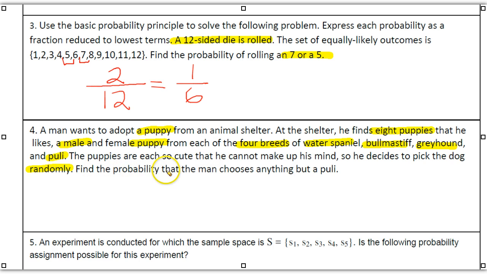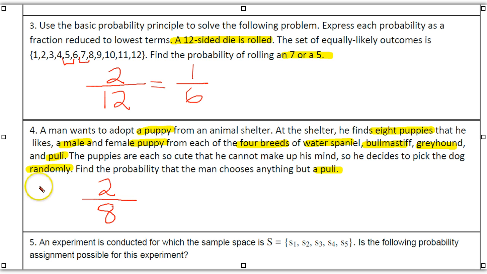Find the probability that the man chooses anything but a pulley. Well, again, we have 8 possible choices, and he just doesn't want 2 of them, a male or female pulley. So that would be 2 out of 8 that he doesn't want.